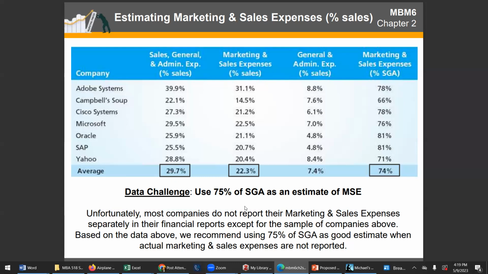They break out marketing and sales at 22.3, and then general administrative at 7.4. So what he is suggesting is that if I divide 22 into 29, it should be roughly 74%.